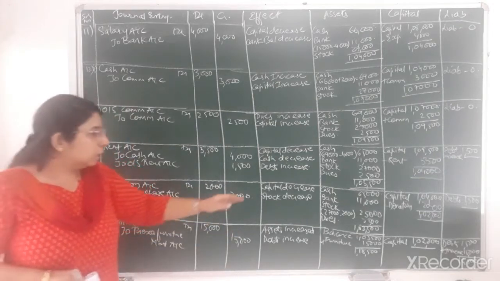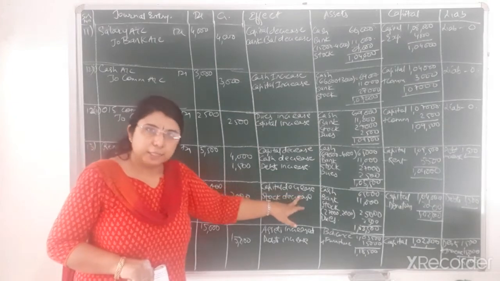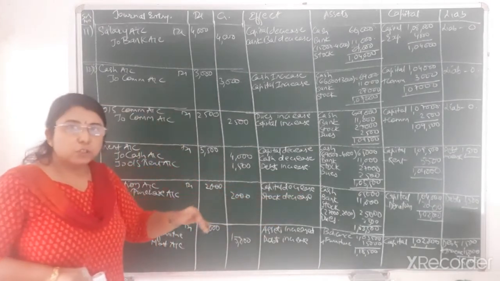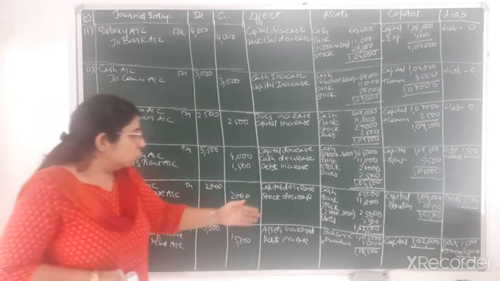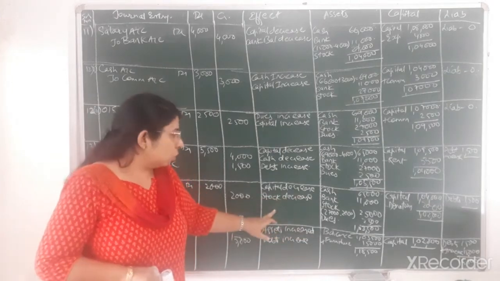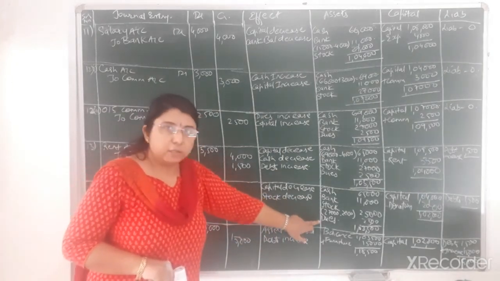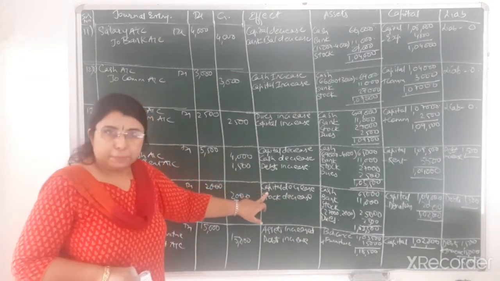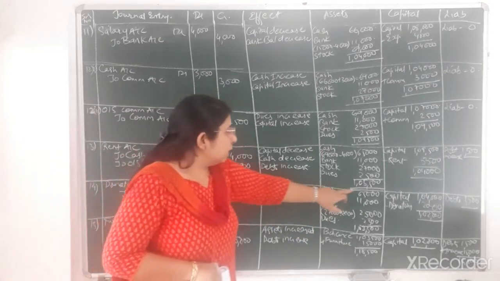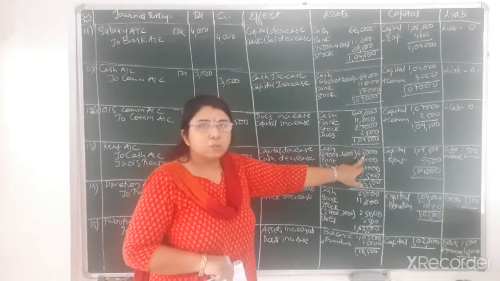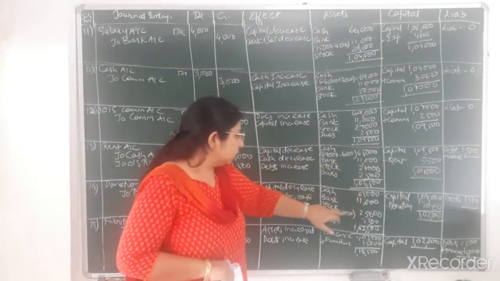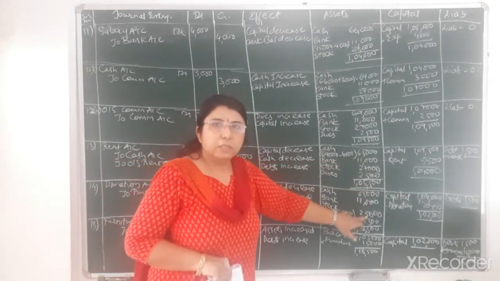Now due to donation, that is an expense, so capital will decrease, and the other one, due to donation we have given goods, so stock will also decrease. So one effect would be in stock, that is in the assets, and the other effect would be in capital. Okay, you can see the cash balance was 65,000, so as it is, 65,000. Bank balance is 11,000, as it is.